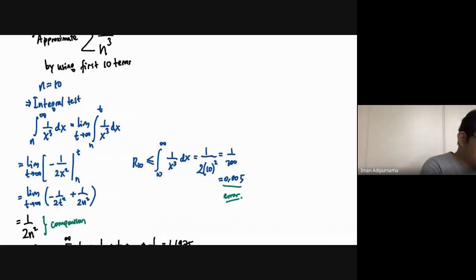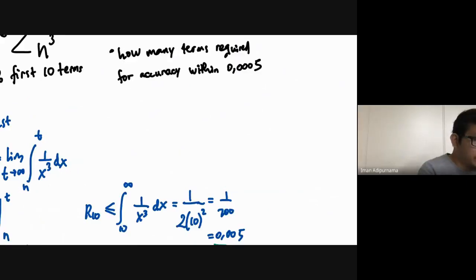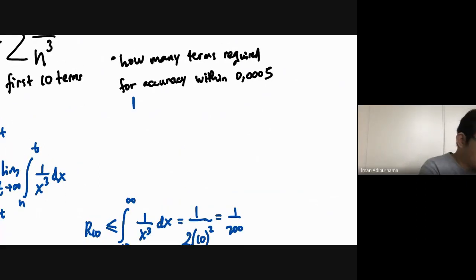If the question is asked, how many terms are required for accuracy, or for the error to be within, let's say, 0.0005, we need to just reverse the formula. The remainder should be less or equal to this.